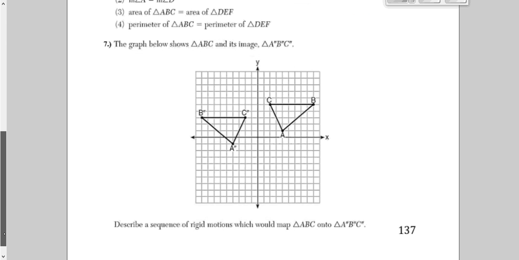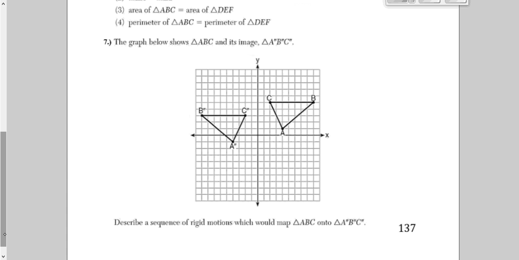Number 7. Now we'll have to do some writing. Because it says sequence, so it can't just be 1. Any thoughts? Reflection over the y-axis. Okay, let's try it. So let's reflect it over the y-axis. 1, 2, 1, 2, right?